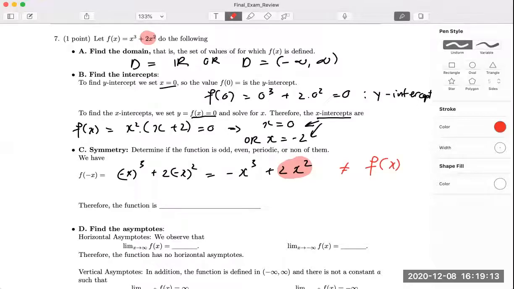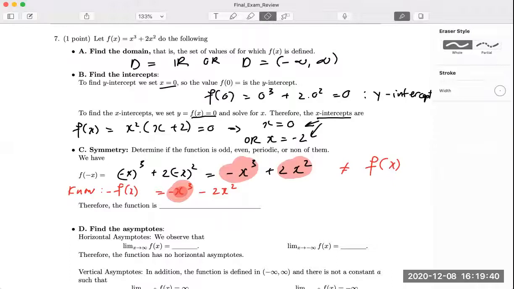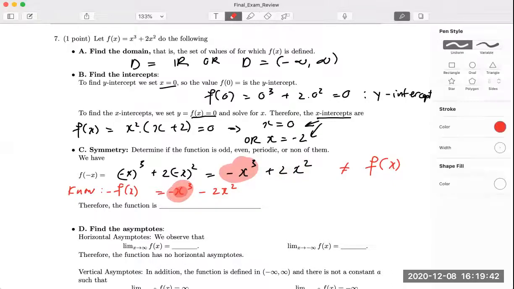And we know that negative f of x is actually negative x cubed minus 2x squared. Now this time, we see that this term is the same as this term, but the second term is not the same.